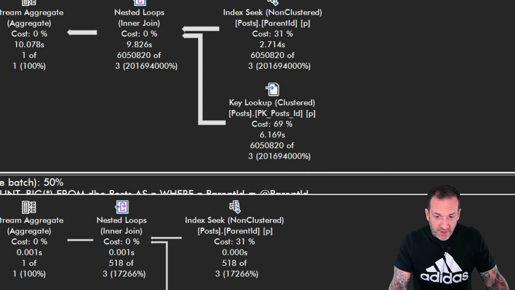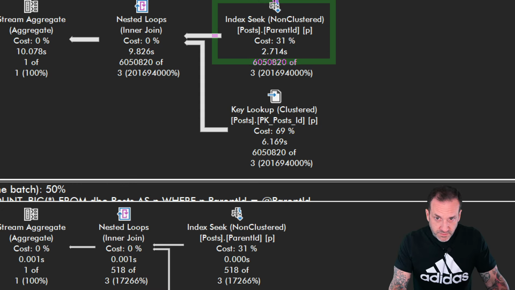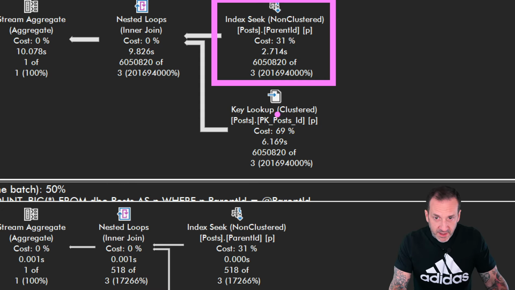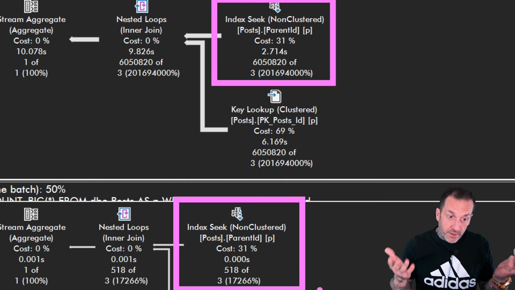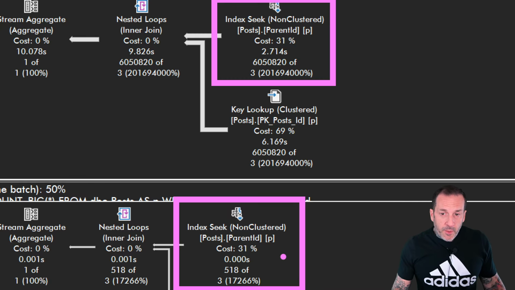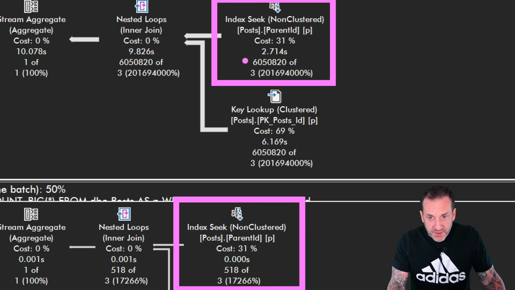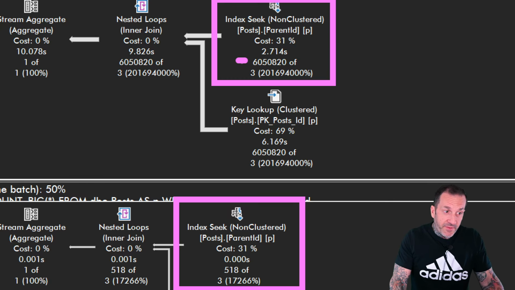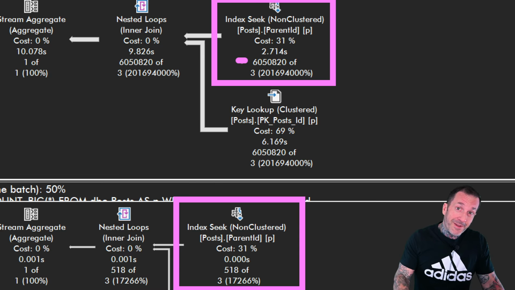You'll notice that both of the index seeks into our index on parent ID estimate 3 rows are going to come out of it. That's the local variable density vector guess. Of course, in the first query, we actually find 6 million rows, and so this was not a good situation. If you find yourself running into situations like this and saying, SQL Server can't do cardinality estimation, well, that's your fault.